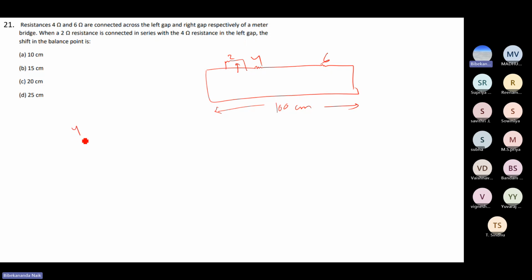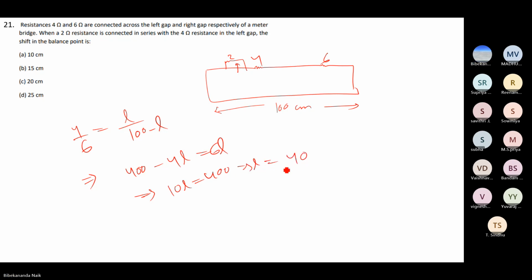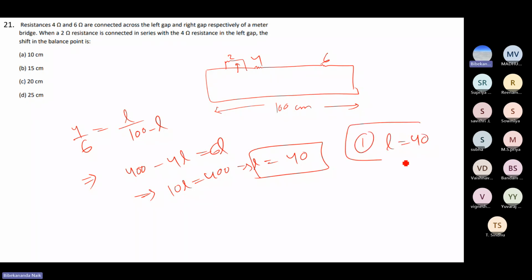Initially, 4 by 6 will be L by 100 minus L. So L will be 400 minus 4L equal to 6L. So 10L equal to 400, L equal to 40. So L will be 40 in the first case.